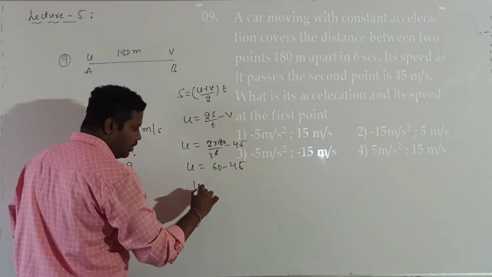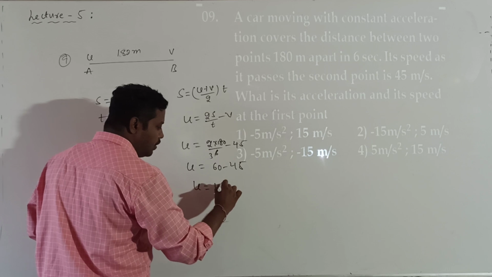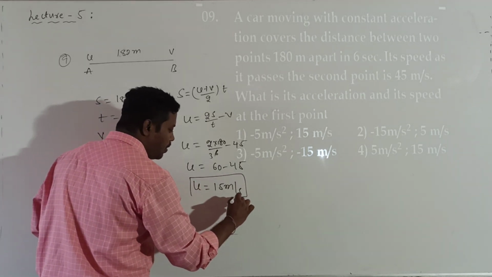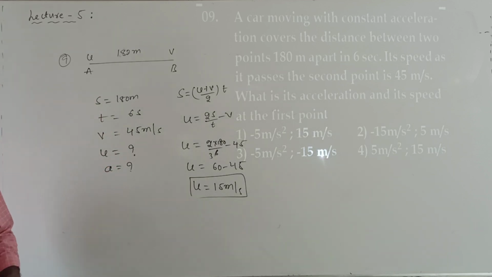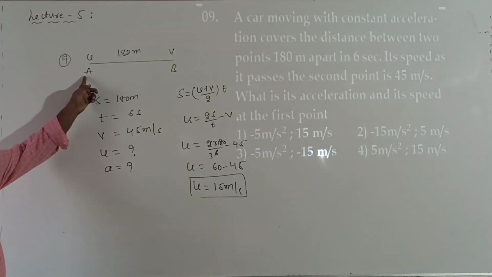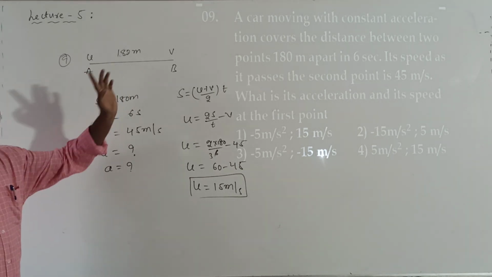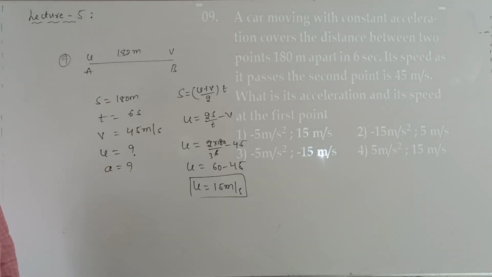Then what is the u value? The u value is equal to 15 meters per second. We calculated the u value. Now, is the motion uniformly accelerated or retarded? It is accelerated motion because the velocity is increasing from 15 meters per second to 45 meters per second. Therefore the a value is no doubt positive.